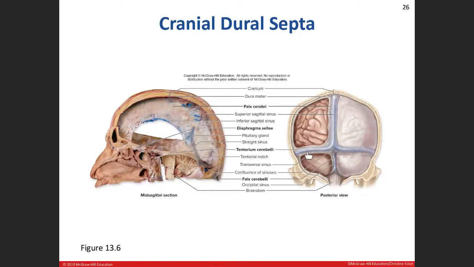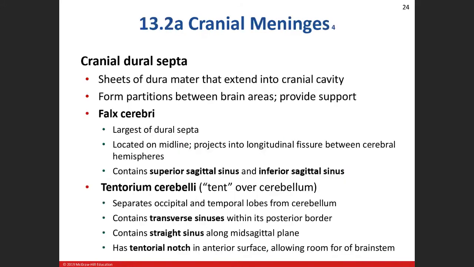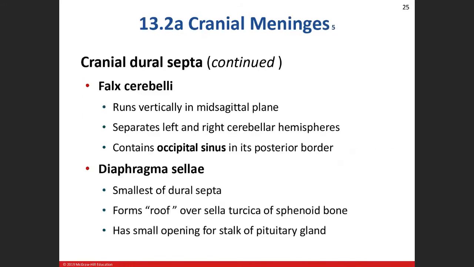You can see the transverse sinus here, and it's tough to see, but here's your straight sinus. The inferior sagittal sinus goes from front to back, and then drains into the straight sinus back through here. We'll label these, not to worry.